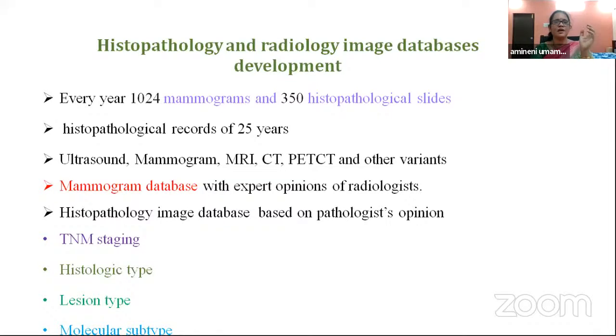And again, molecular subtypes means luminal A, luminal B, triple negative, or normal, we have to classify and define in the database. Database means it is a library, and library means we are not only storing, whenever we want to retrieve, we need to get it back within seconds. That is the database.